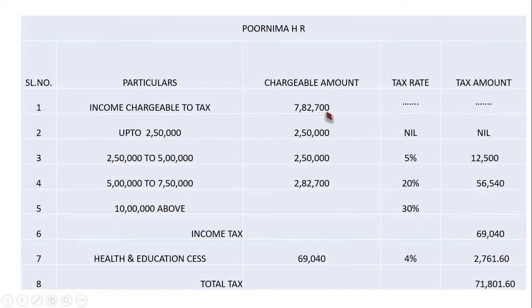So 7,82,700 minus 5 lakh, the remaining balance is 2,82,700. Percentage is 20%. Total tax is 56,540. So grand total tax is 69,040.